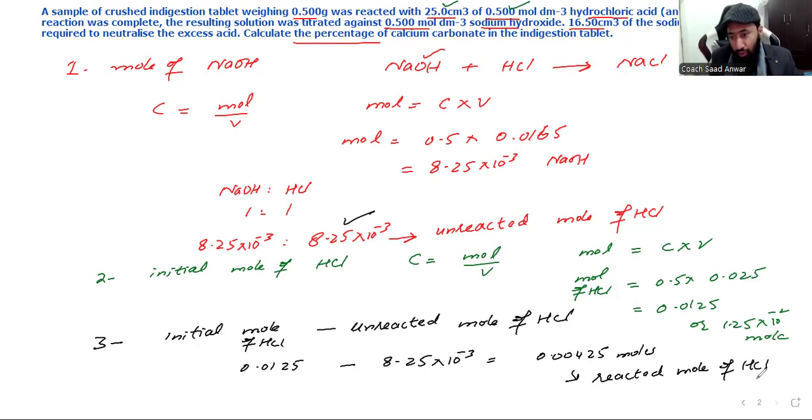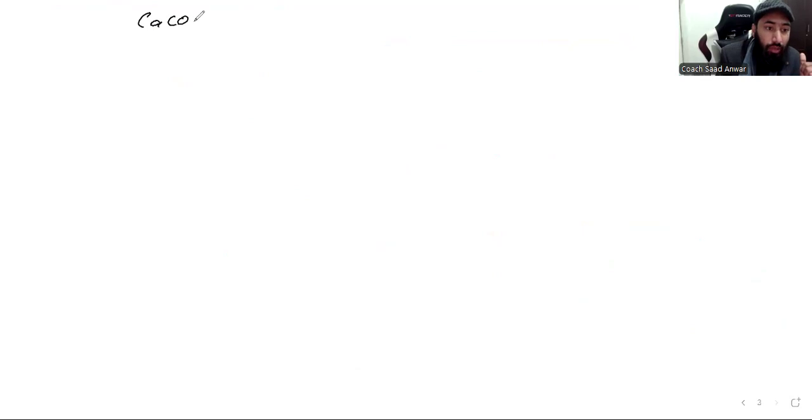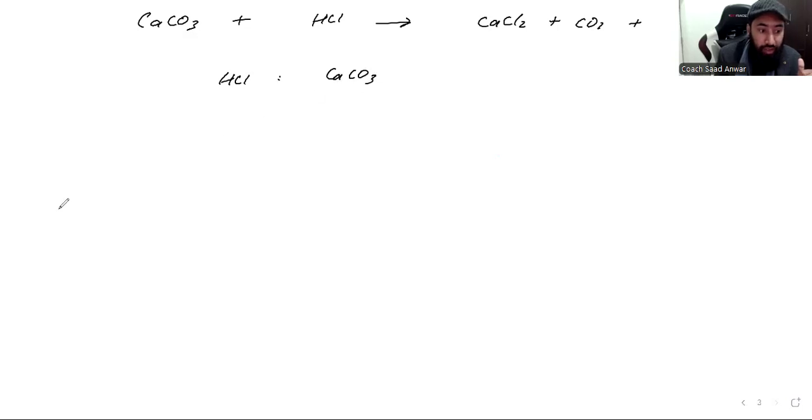So I'm going to the next page. You can take a screenshot or you can note down this. Going to the next page. Calcium carbonate plus HCl. You need to understand how we are writing this equation. So here, HCl versus calcium carbonate. Do not forget to make this balanced first. It's really important.